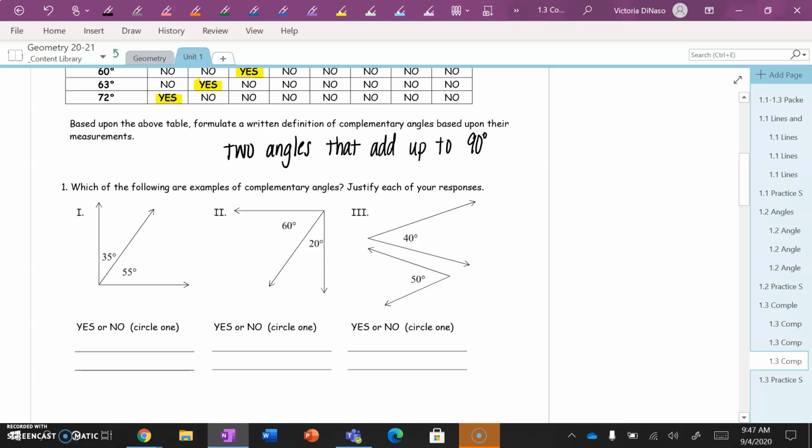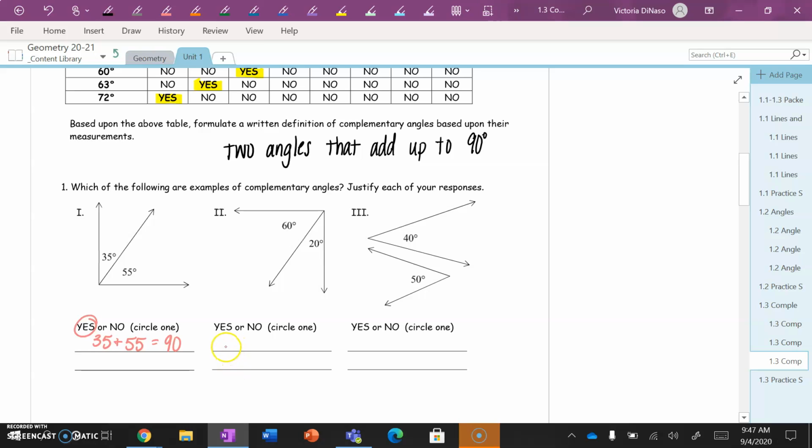So for number 1, parts 1, 2, and 3, we're going to determine if the following are an example of a complementary angle, and then we're going to justify each response. So for part 1, we're going to take 35 plus 55, add them together, and yes, those do add up to 90, so therefore they're complementary.